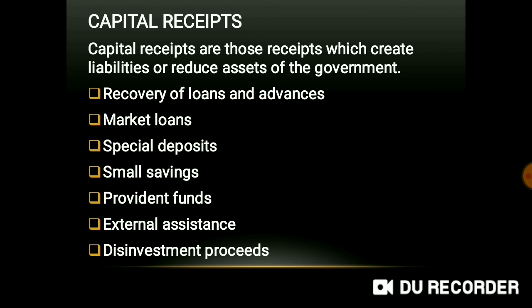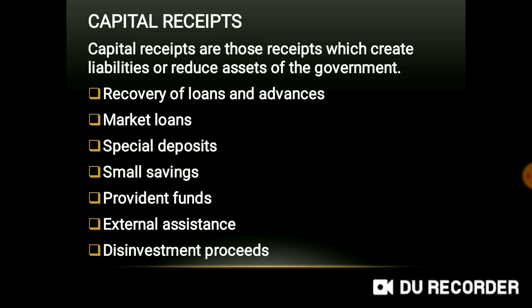The third one is the special deposits in the form of investment with the government, that is made by the non-government provident funds, funds of LICs, etc. The fourth one is the small saving in the form of post office saving account, time deposits, recurring deposits, etc. The fifth one is provident fund.